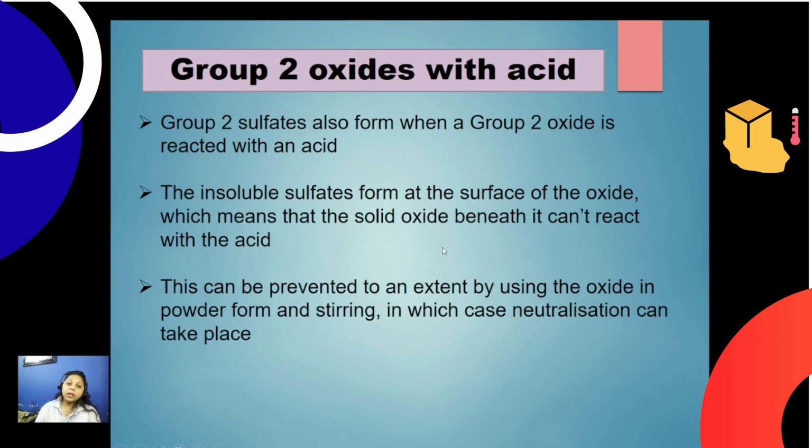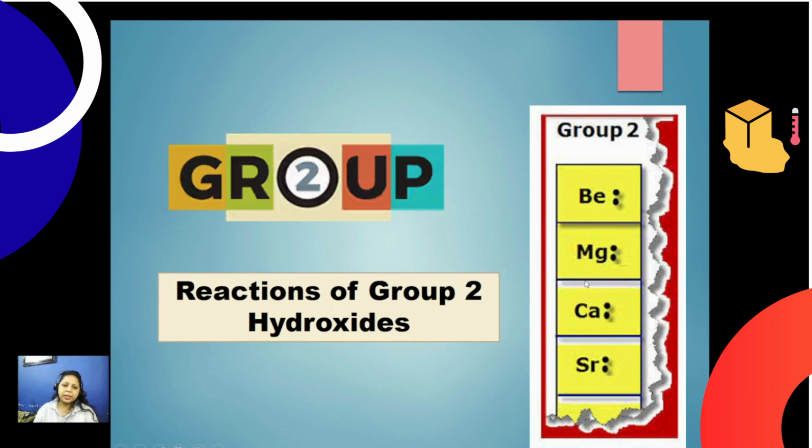To prevent this layer from forming, what can be done? By using the oxide in powder form and constant stirring. Stirring doesn't allow the layer to gather around, so the reaction can occur easily.